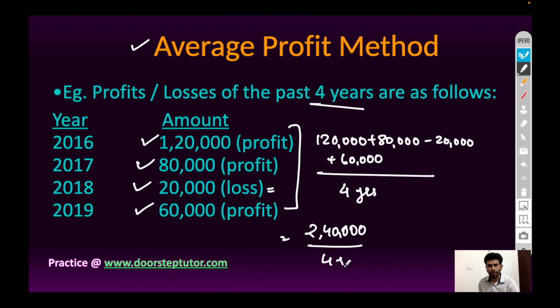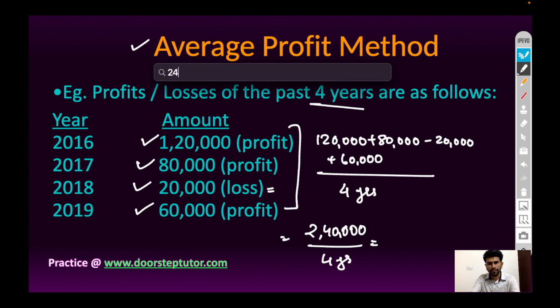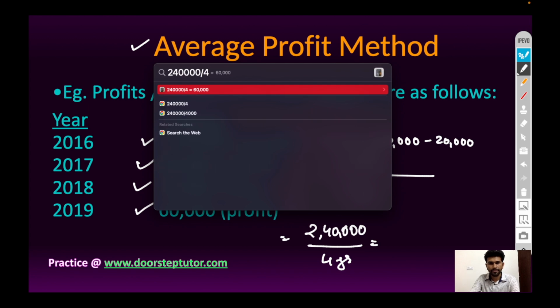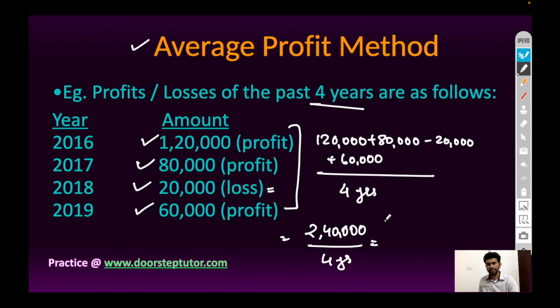2,40,000 divided by 4 years. So 2,40,000 divided by 4, 60,000 will be average profit. So the amount of goodwill will be 60,000 rupees as per average profit method.